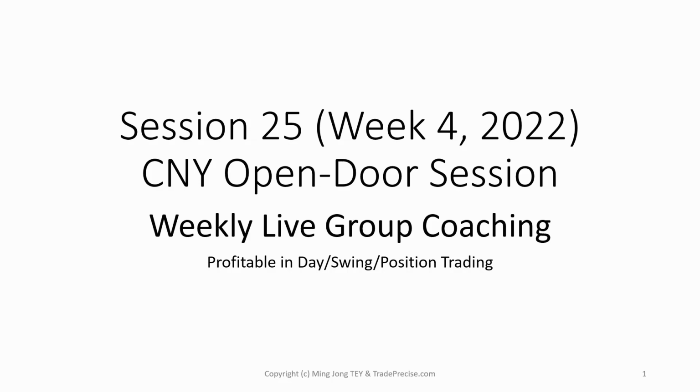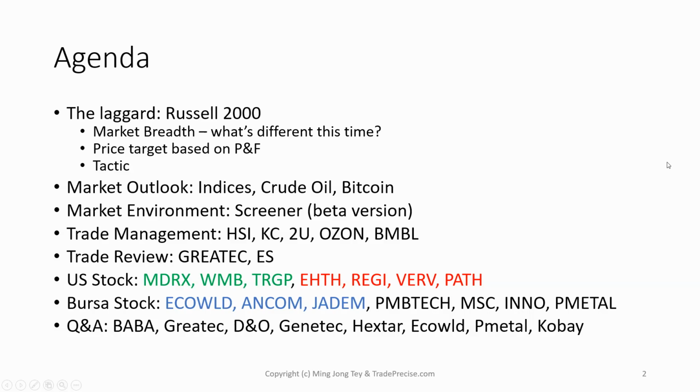All right, so let's get started tonight. Tonight's agenda, we have a lot to cover. The topic for tonight will be about the laggard. The Russell 2000 is the laggard, and I'll be showing you with the market breadth.